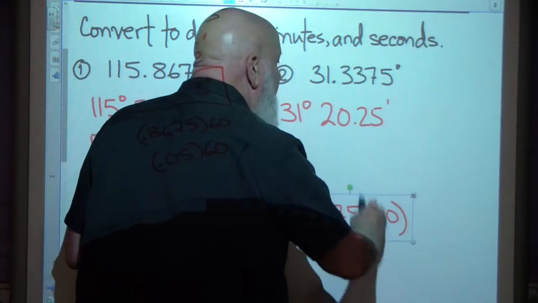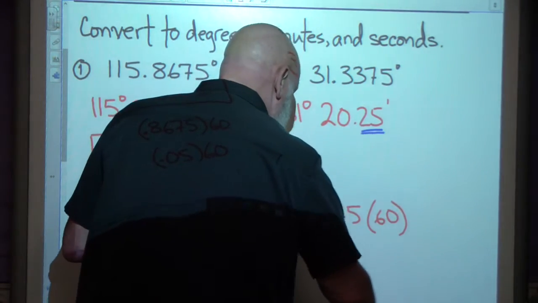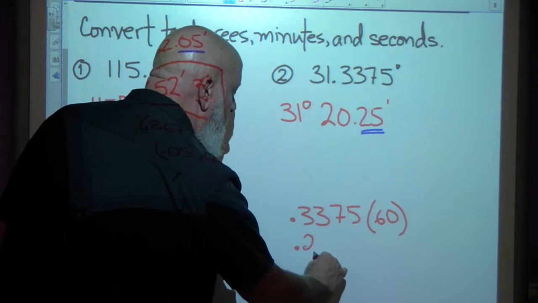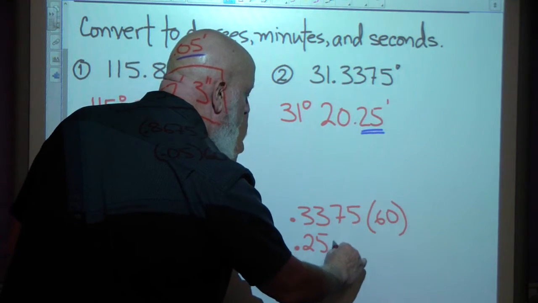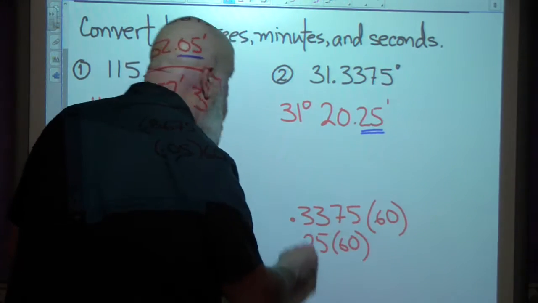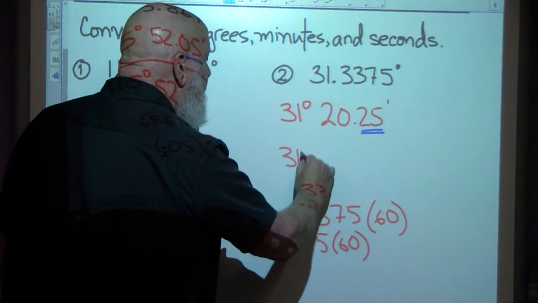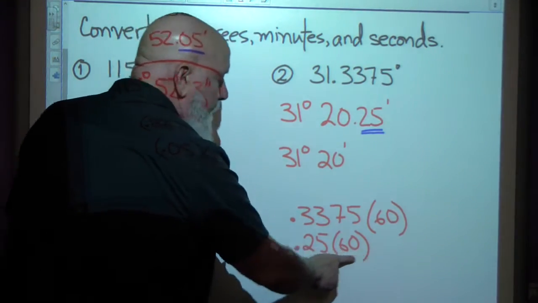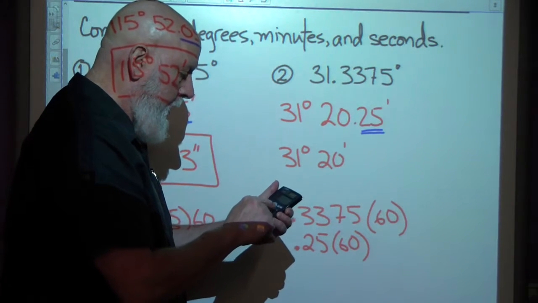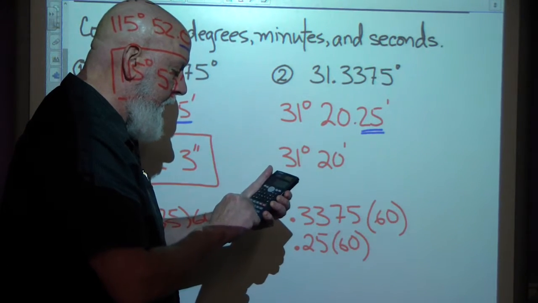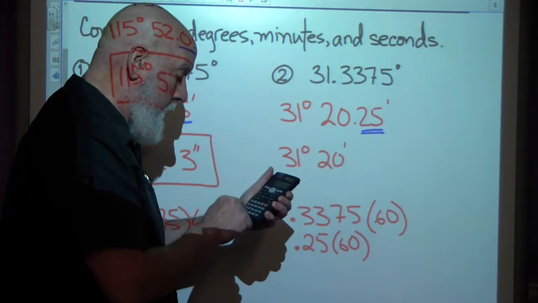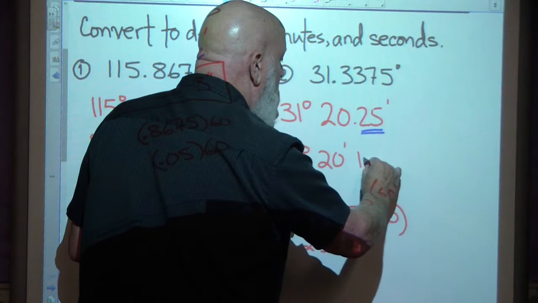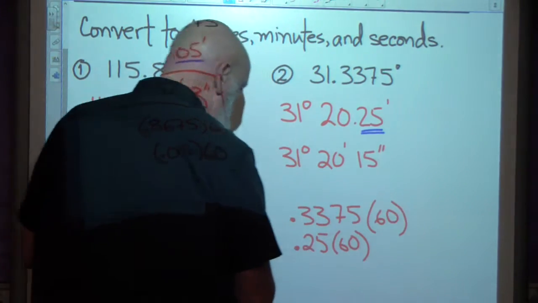Now I'm going to take this decimal part and multiply it by 60. So I have 0.25 times 60, and this will give me 31 degrees, 20 minutes, and this is the number of seconds I'll have now. So 0.25 times 60 should be 15. 15, yay! That's 15 seconds.